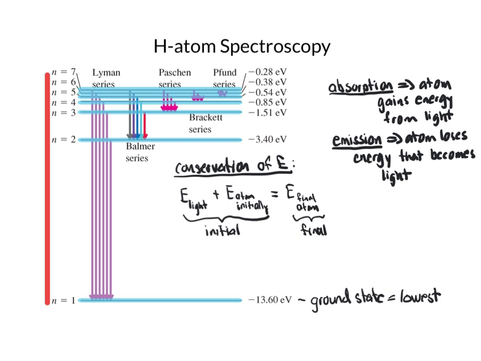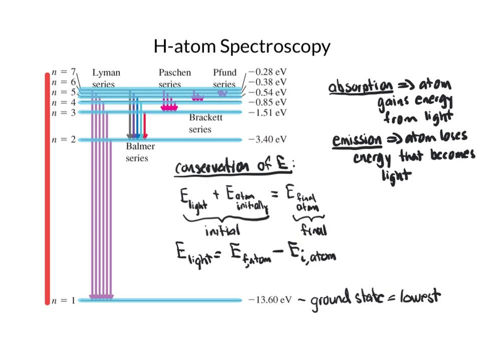So if we just manipulate this equation and subtract the initial energy of the atom from both sides, we can write that the energy of the light is equal to the energy final of the atom, F for final, minus the energy initial of the atom, I for initial.